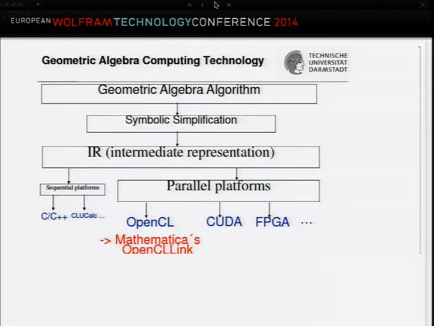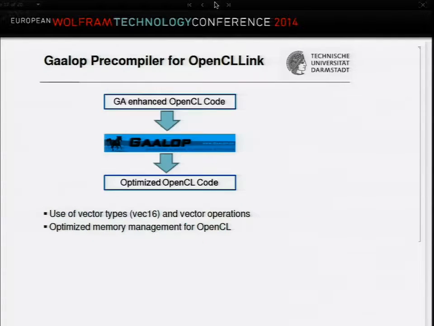And this is a link to Mathematica, because based on Mathematica's OpenCLLink, we can bring our technology also to Mathematica. And this is done based on our precompiler for OpenCLLink.